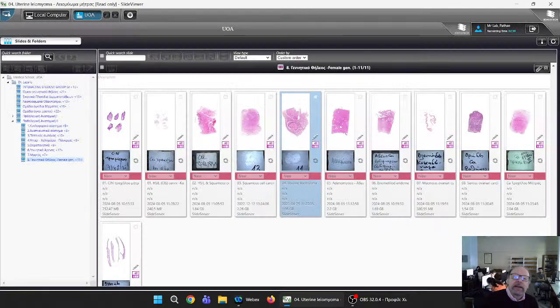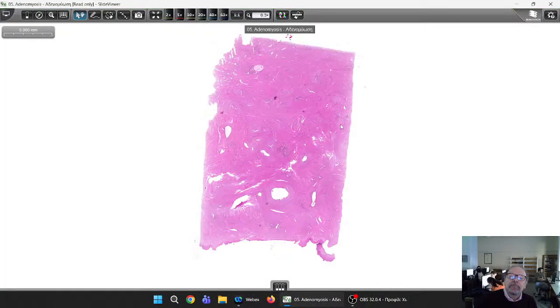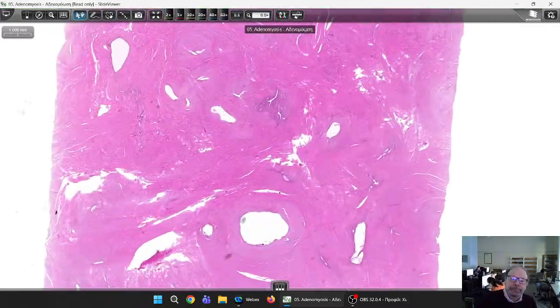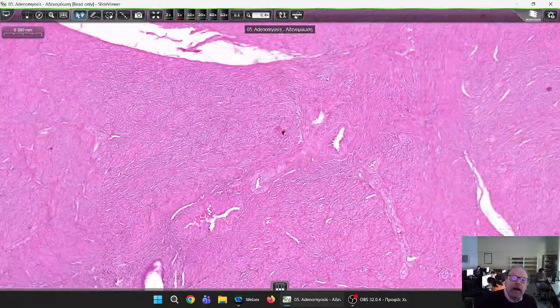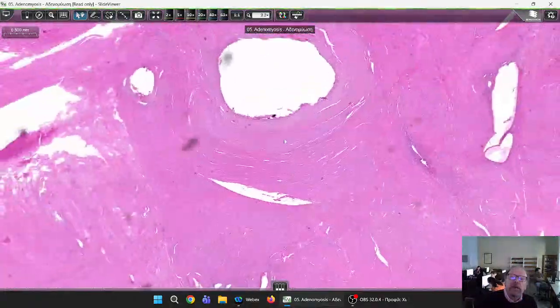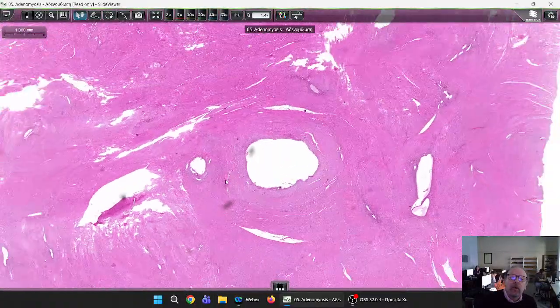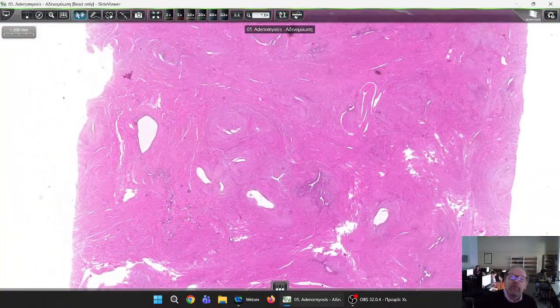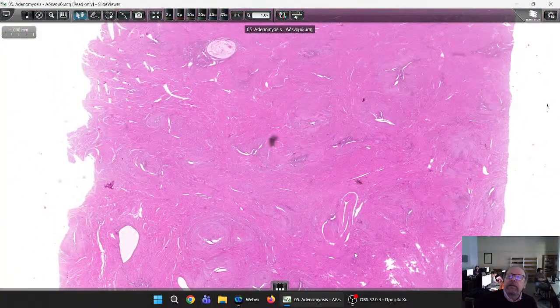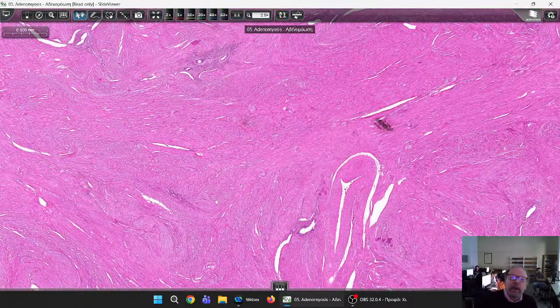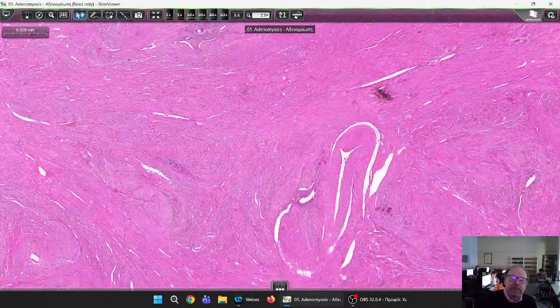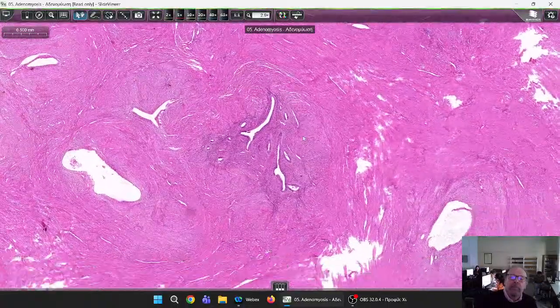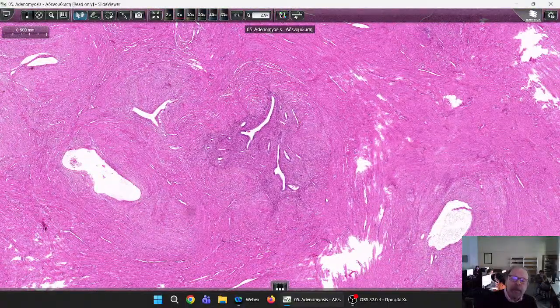Okay, next. We'll look at this section here. I can see some parts of the wall of the uterus, and everywhere we have the bundles of smooth muscle cells in the myometrium.